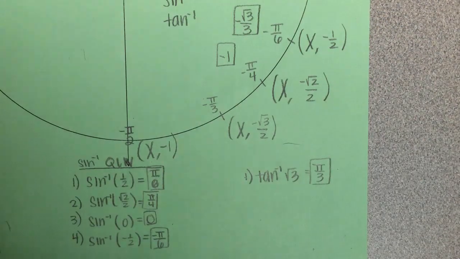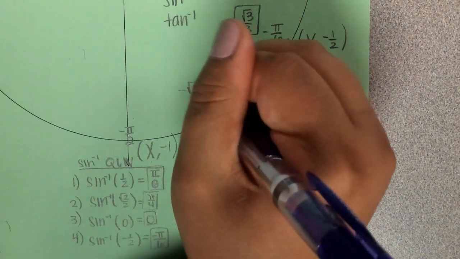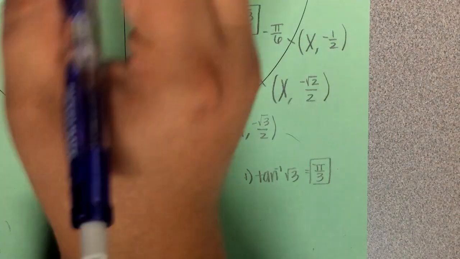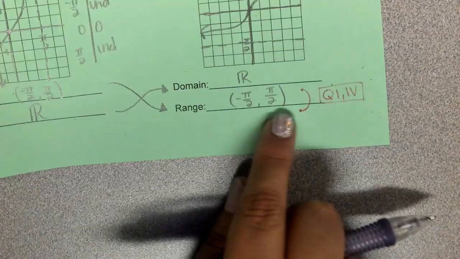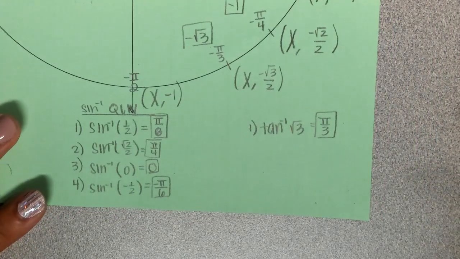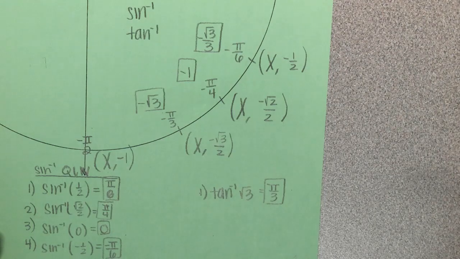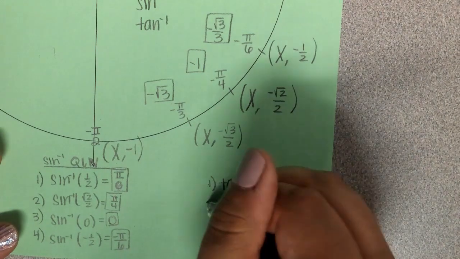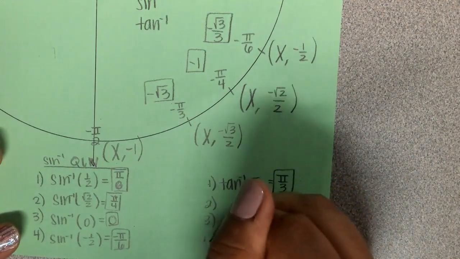And tangent of negative pi over 3. And actually, we don't need to do the undefines because do y'all agree over here it has the parentheses? It's not equal to. I won't be asking you those. Okay, did y'all get those tangents? Yeah. And then here, let's do 2, 3, and 4.